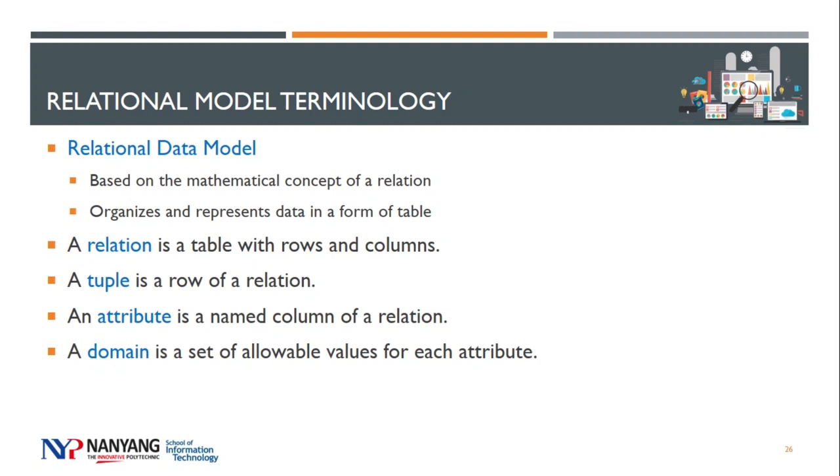In fact, a relation is basically a table with rows and columns. A tuple is a row of a relation, a row of a table. An attribute is a column of the table, of the relation. A domain is a set of allowable values for each attribute.